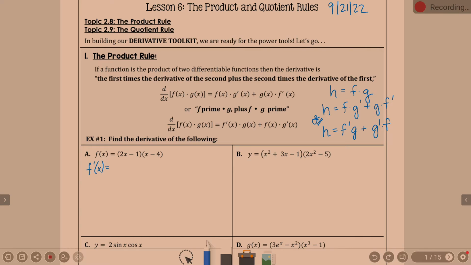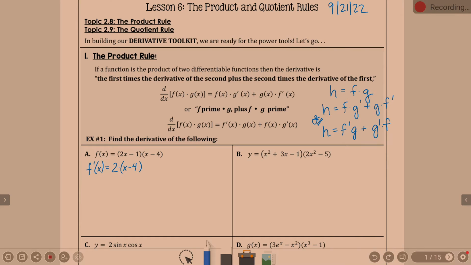F prime of x. I'm going to take the route of, hopefully, the derivative of the first, keep the second. So what's the derivative of 2x minus 1? 2. Times, we're going to keep the x minus 4.